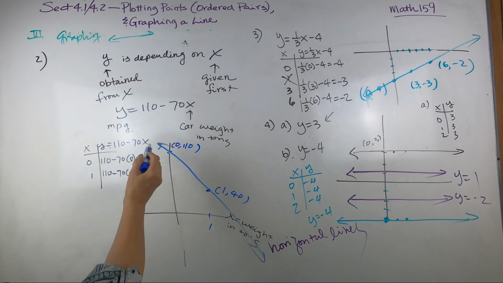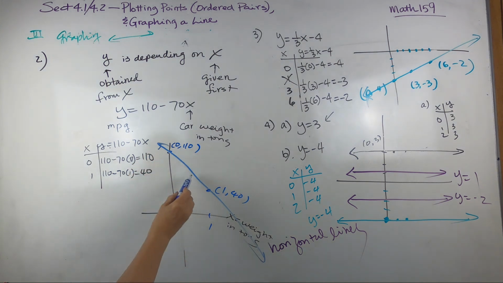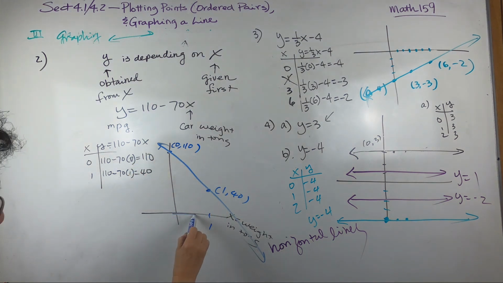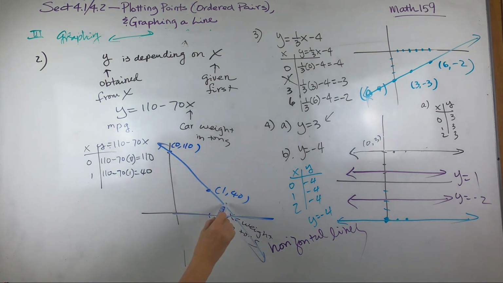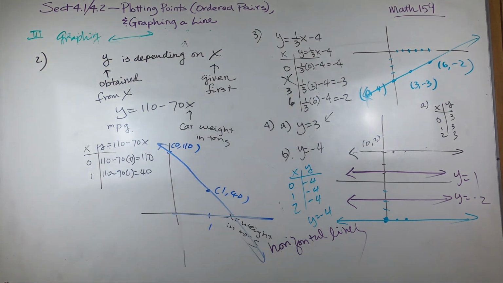Okay, but what you know is the more weight you have in tons, the less mileage per gallon you can have. So it shows you the relationship between the weight and MPG, right? Miles per gallon.